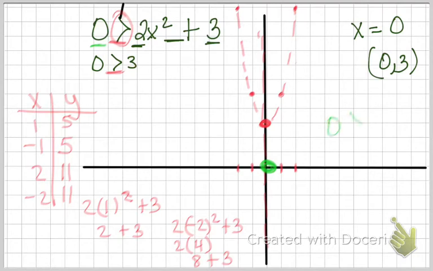So 0 is greater than 2 times 0 squared plus 3. Let's see if that statement is true. 0 squared is 0 times 2 is 0, so this is 3. Is 0 greater than 3? No, it's not. So we can't shade out here. If this sign was reversed, then we could shade out here, but it's not. So we have to shade inside.